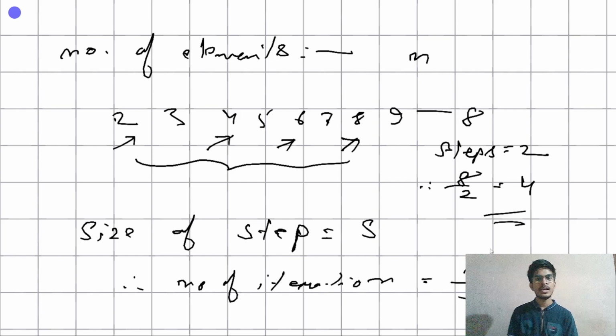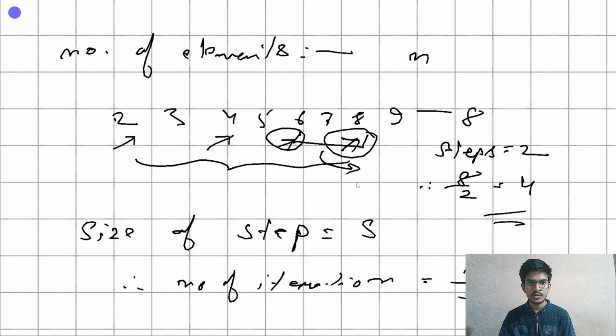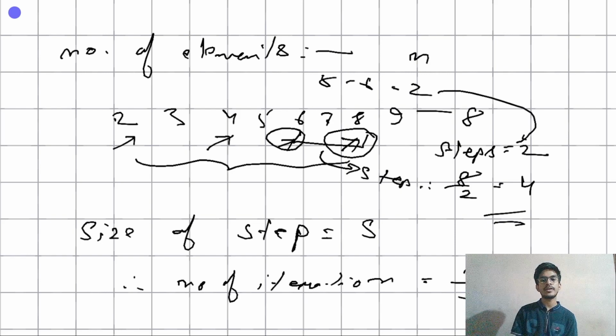After that, we are also doing a linear search in this step, which is also of size s, like 8 minus 6 is 2, equal to the step only. So that means s plus s.